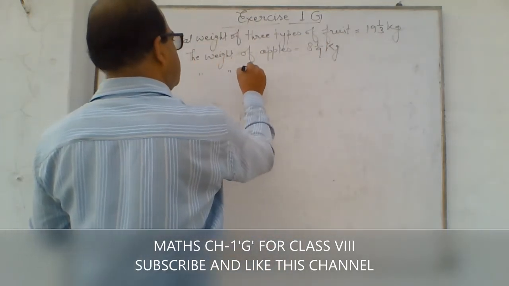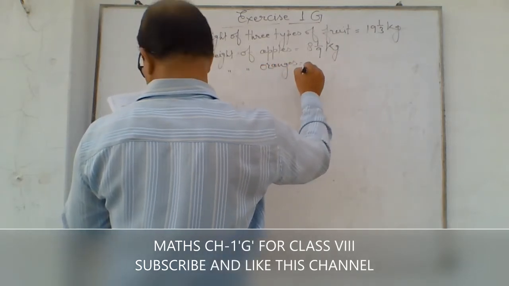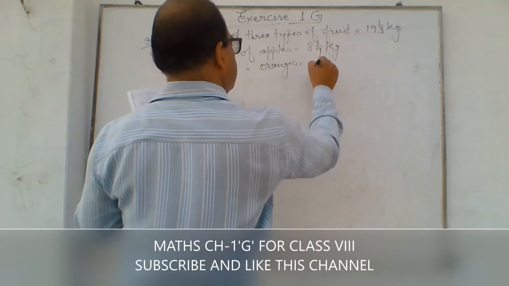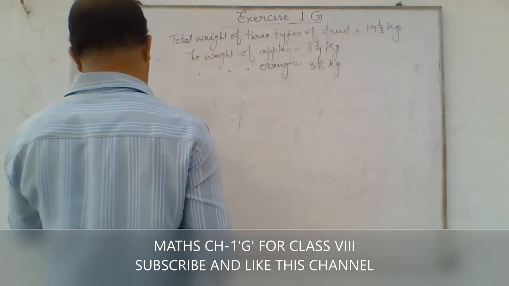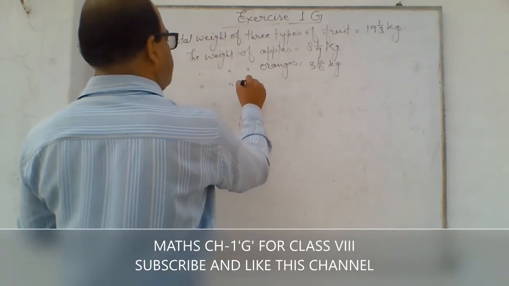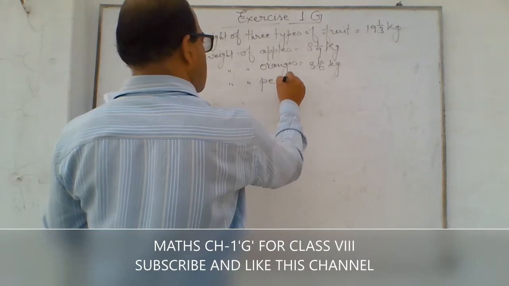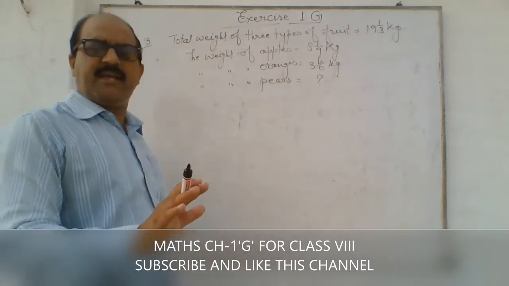Oranges is equal to 3 whole 1 by 6 kg. So what is the weight of pears is equal to what? Very simple. Looks like question number 1.